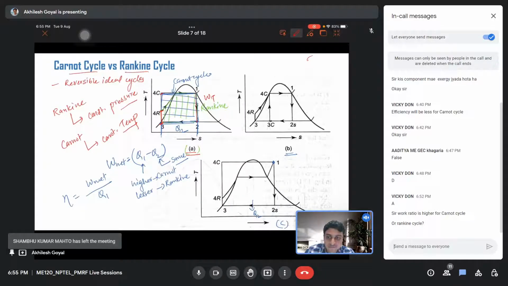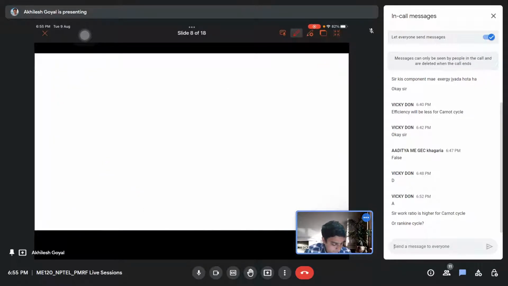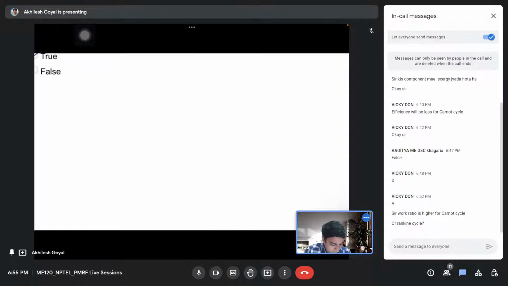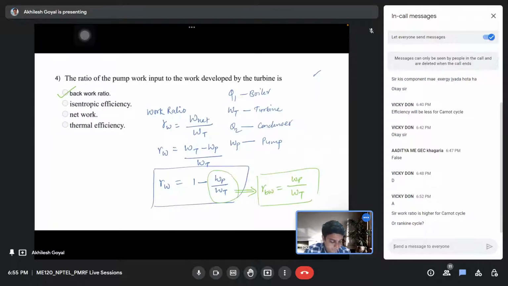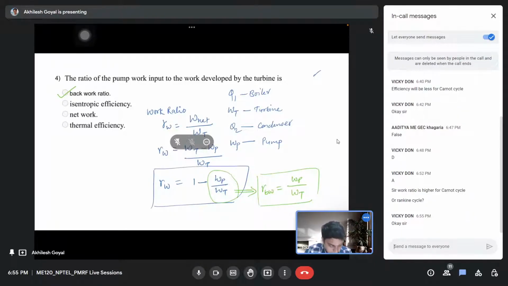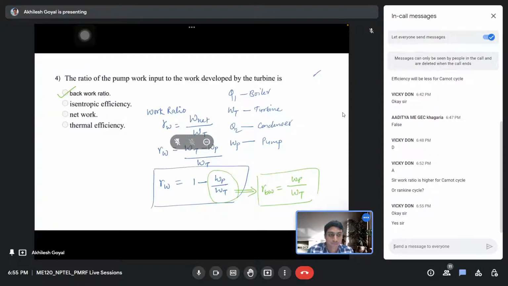So in this given case, the numerator will be lesser for Carnot cycle. So the work ratio will be lesser for the Carnot cycle in this given case. Did you get it, Vicky? Okay, so let's move to the next question.